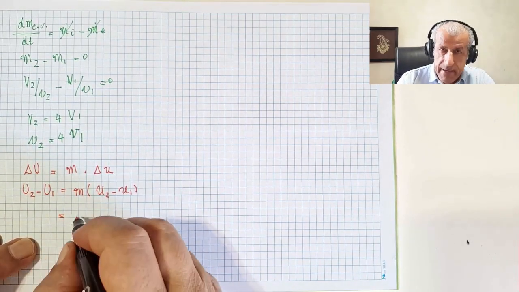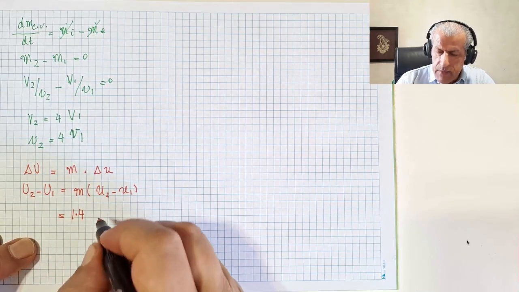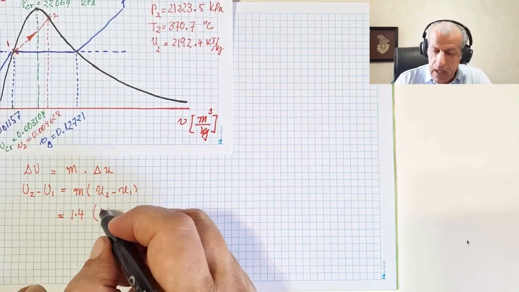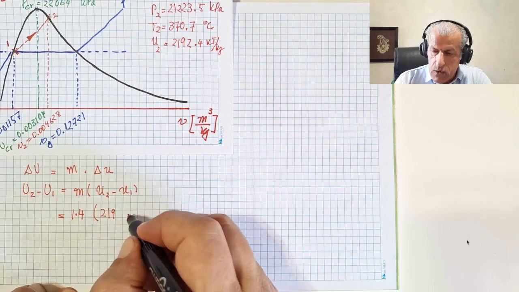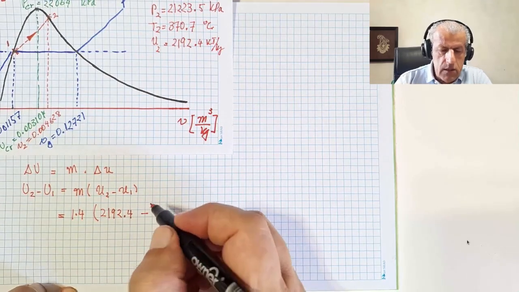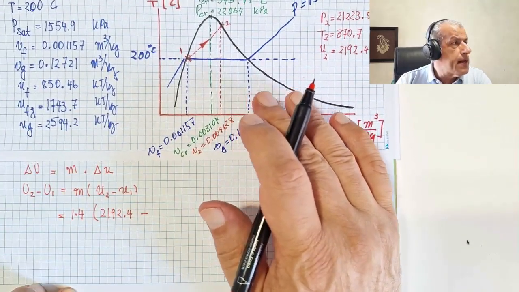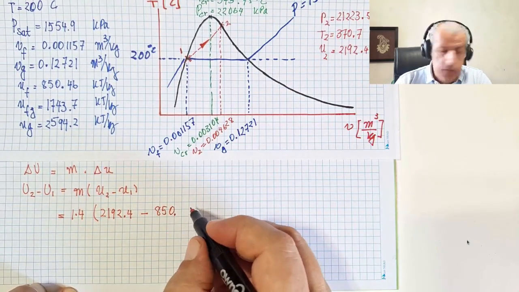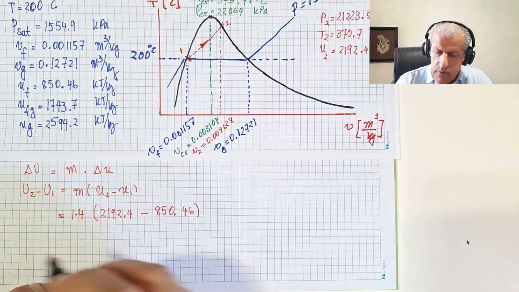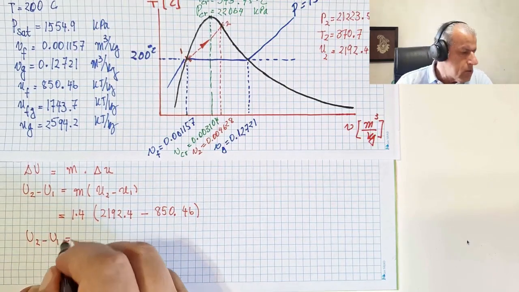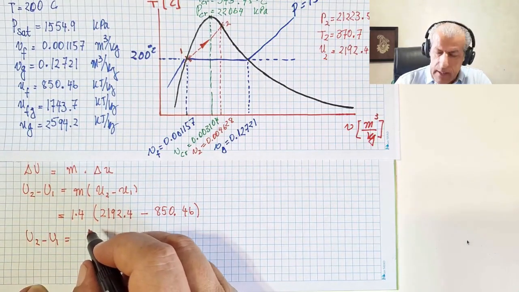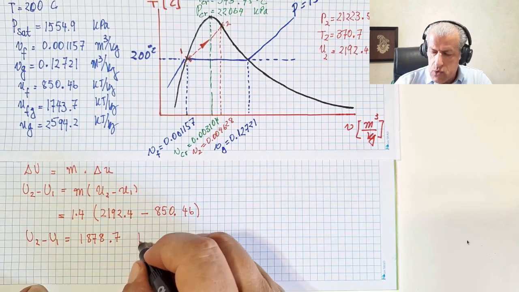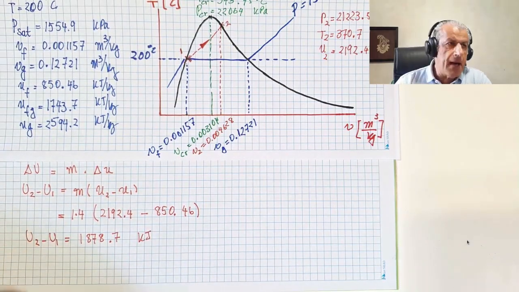The mass, the problem has told us, is 1.4 kilograms. u2, we just calculated, and it is 2192.4 minus u1, which we read earlier on, 850.46, and the outcome U2 minus U1 would be 1878.7 kilojoules.